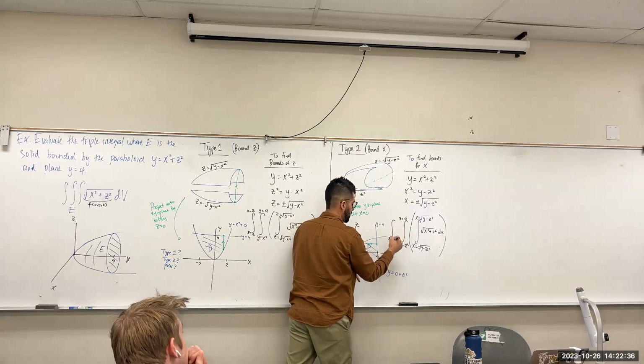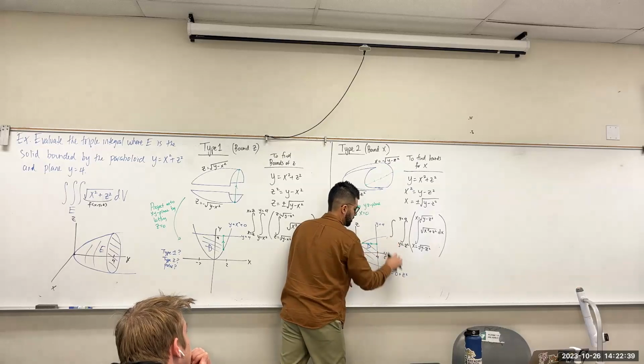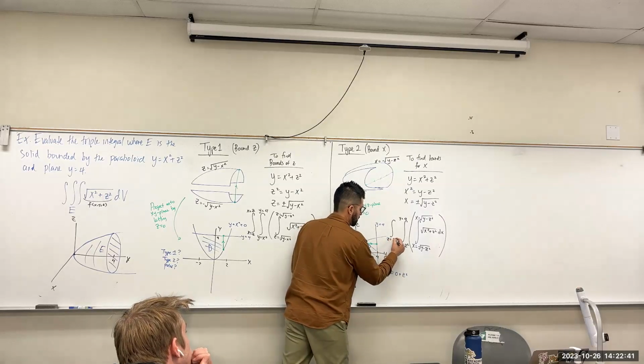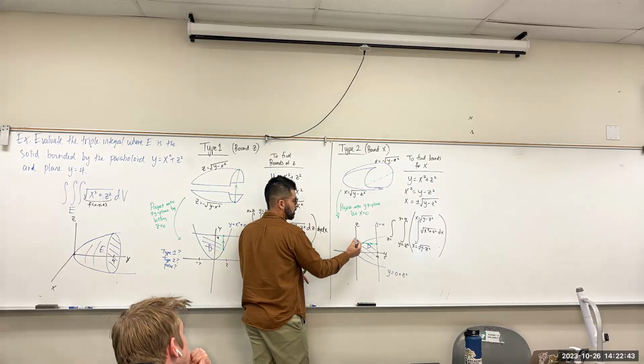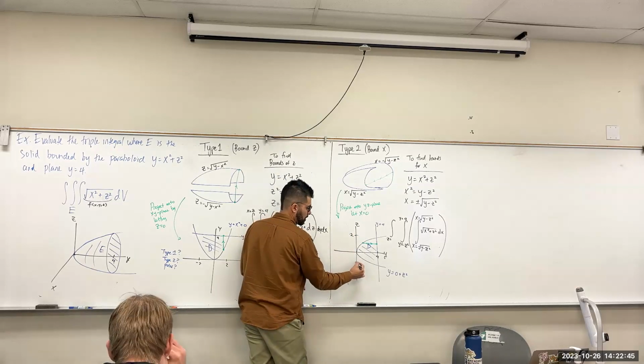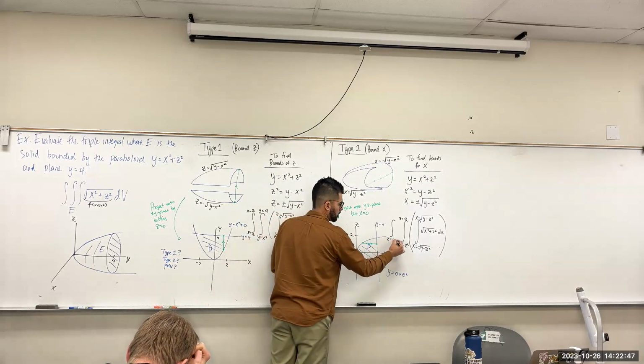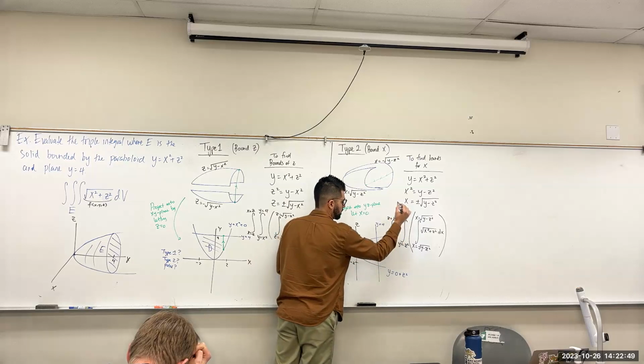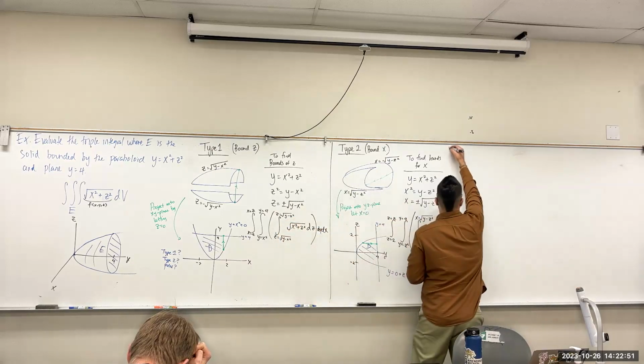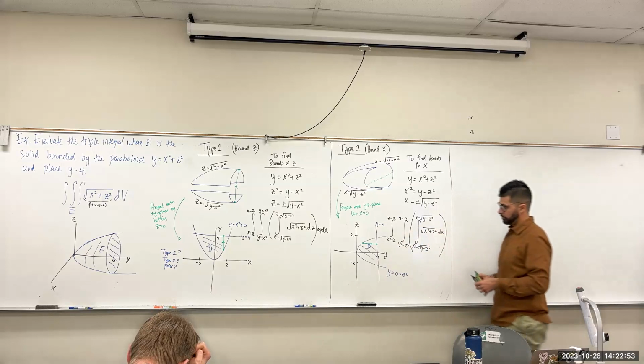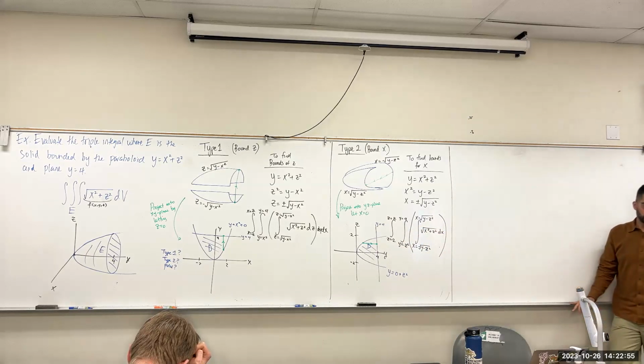And then lastly we have z. It's going to go, yeah, same as the other one. This is going to be at positive 2, this is going to be at negative 2.